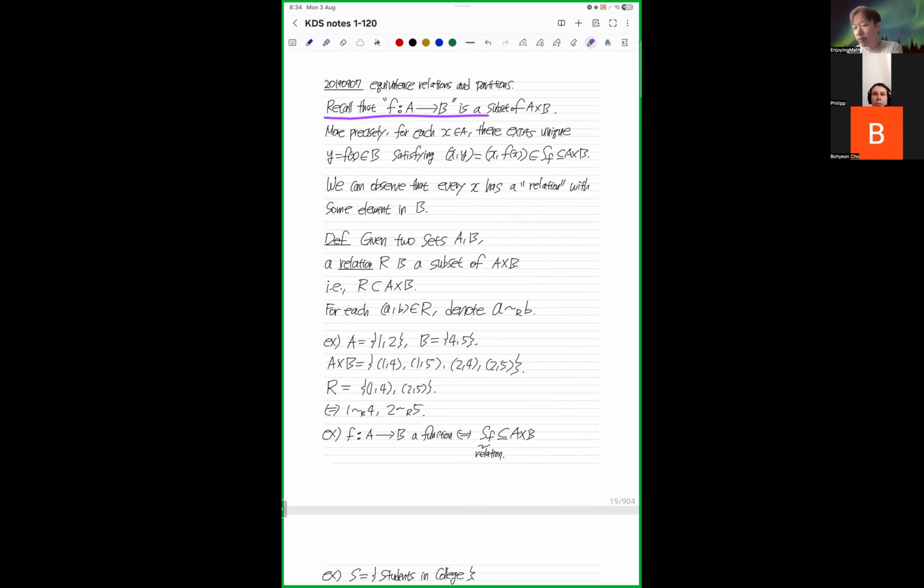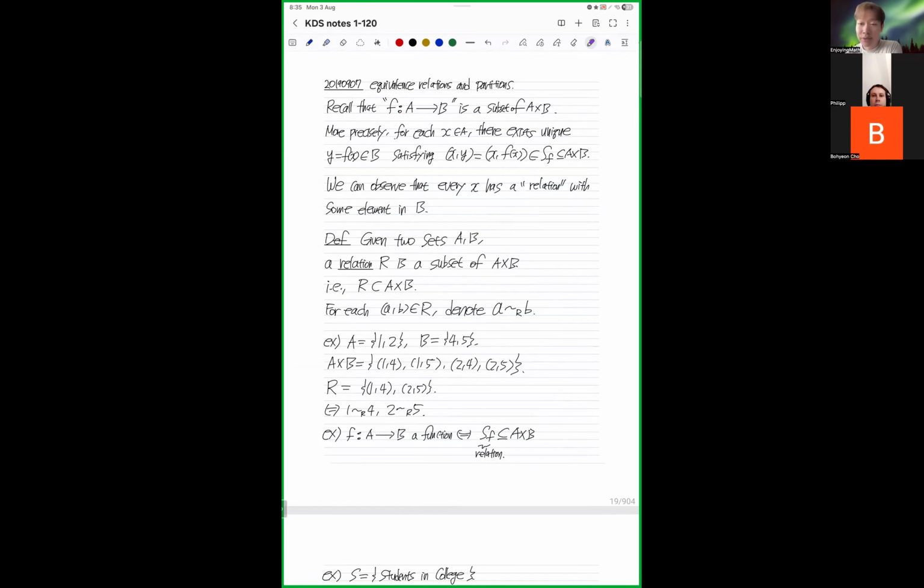So I'll just read line by line, and if we want to discuss something, we can just hop in. So we have: recall that f is a subset of a Cartesian product A × B. In this case, we are recalling the functions that we defined.